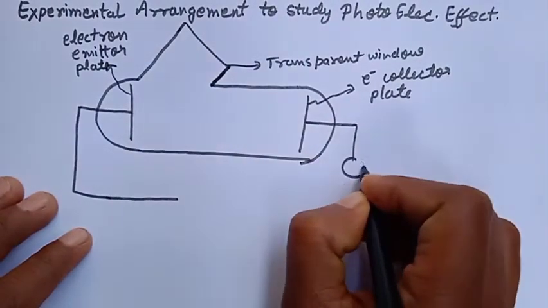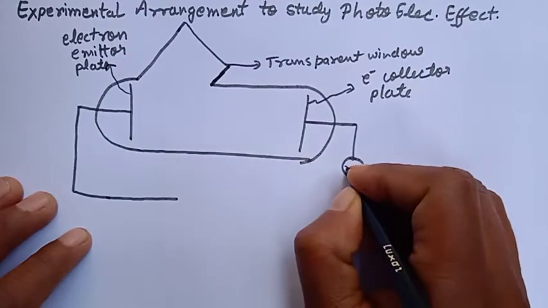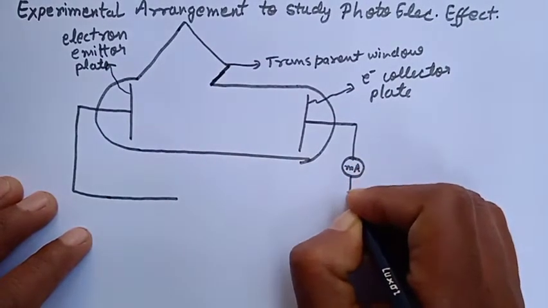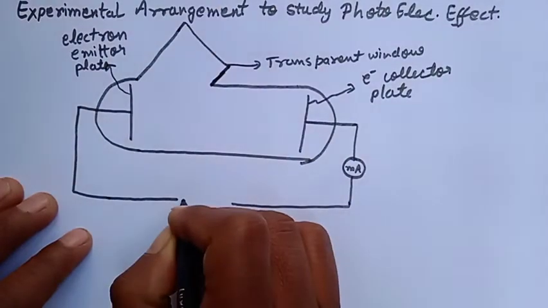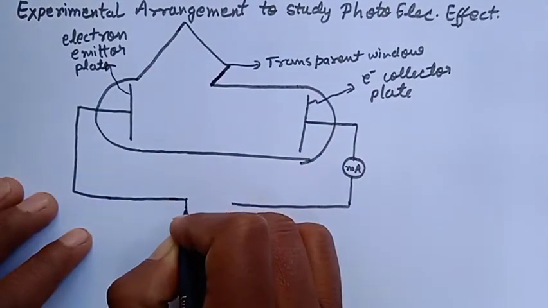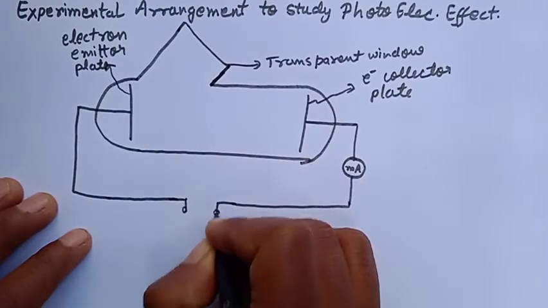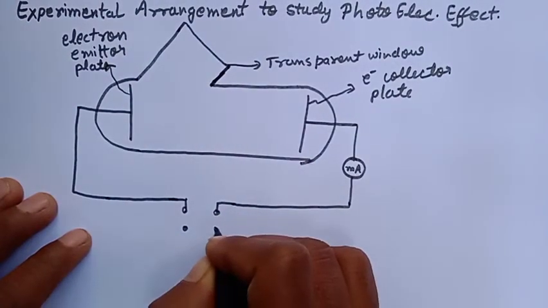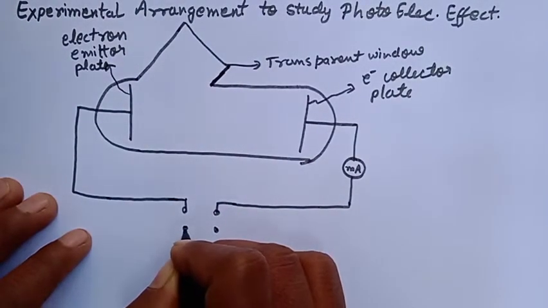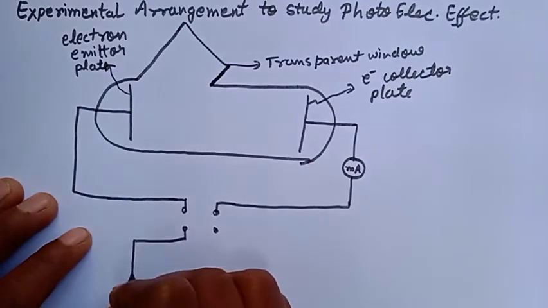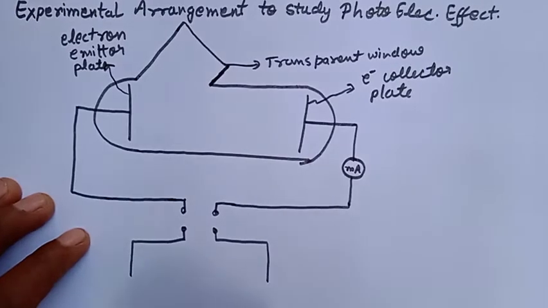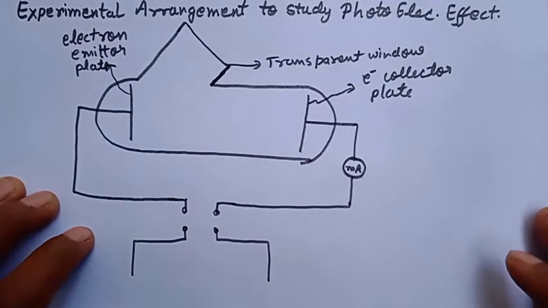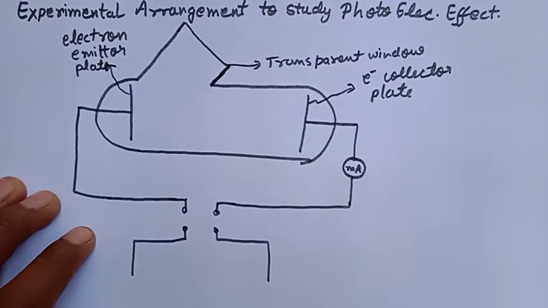Here we will attach a milliammeter also to measure current, and here we have a commutator, and we'll connect a battery, a high tension battery, on this side.